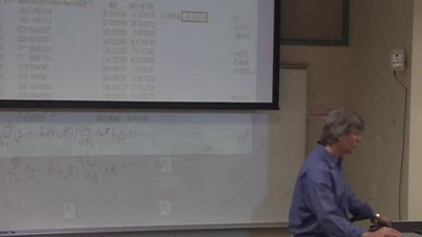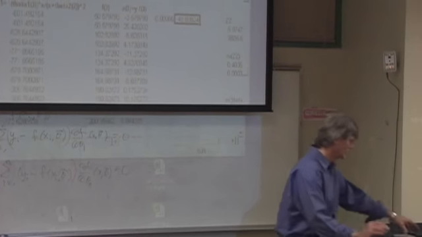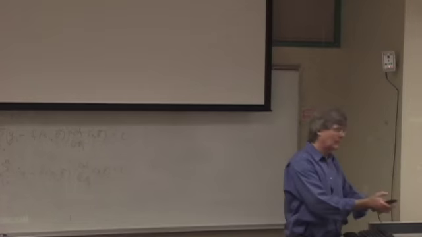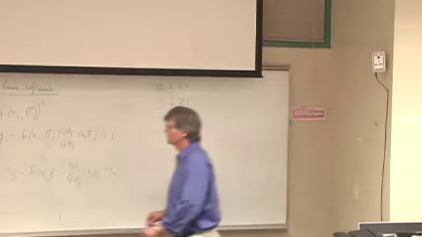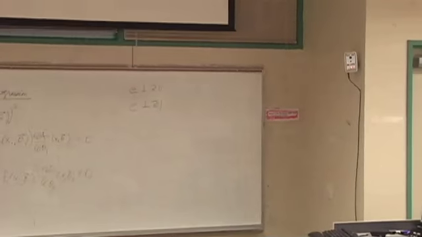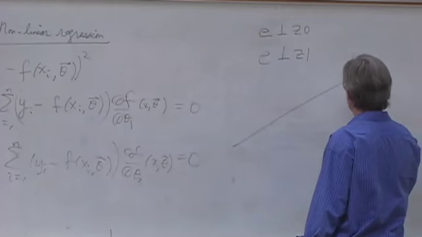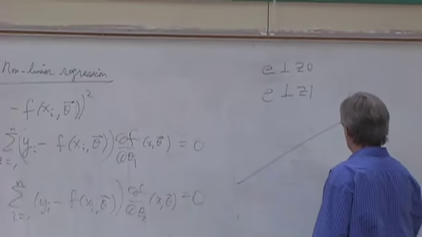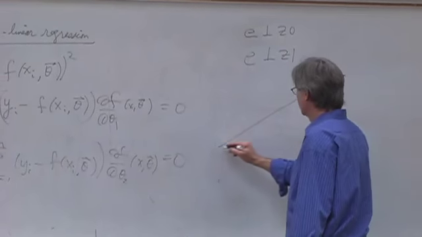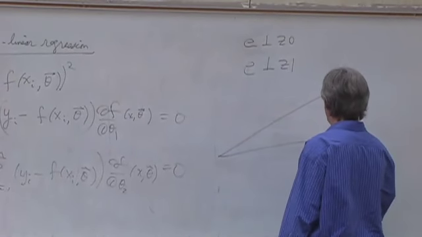All right, so those are the normal equations. So what am I getting? I'm getting a picture. I have y, and I have e, so I have some kind of right angle.